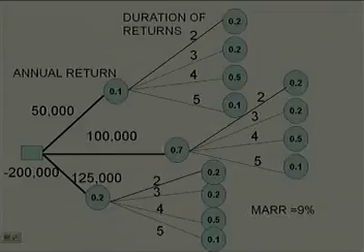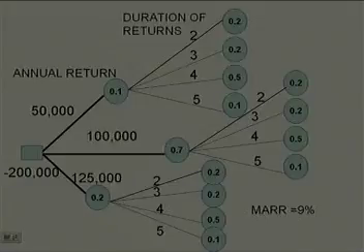Now, what we do in this is, like the previous example, we take each of these paths individually and then try to calculate the joint probability. For example, if you take the first path, that means getting an annual return of 50,000 for a 2 years period.